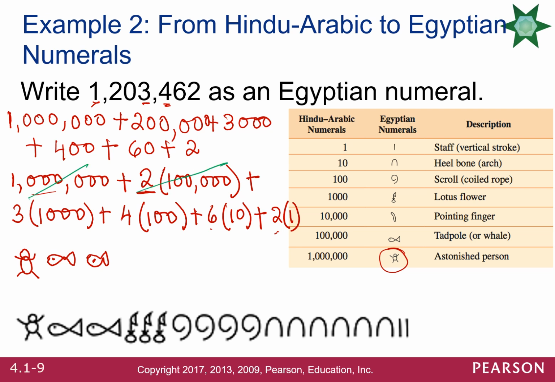We need three 1000s. What's the symbol for 1000? This lotus flower. So let's see if we can draw those three lotus flowers. We need three of those. Hold on 1 second. We'll use the same color. And something like this. We need three of these.